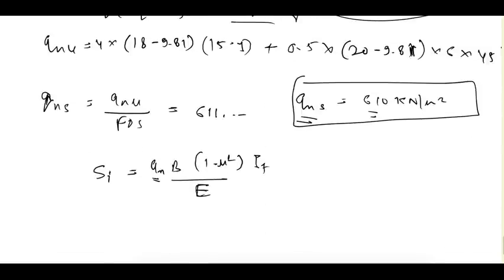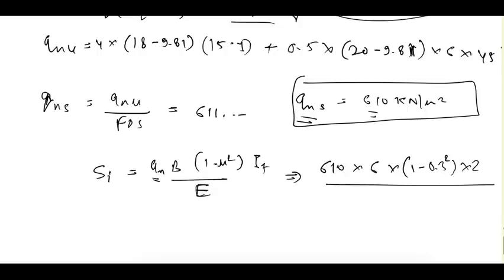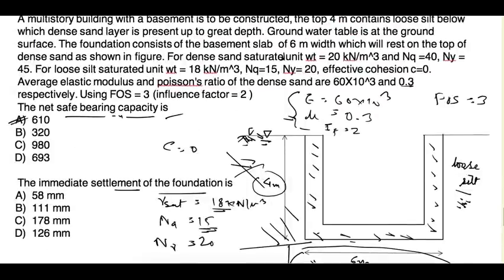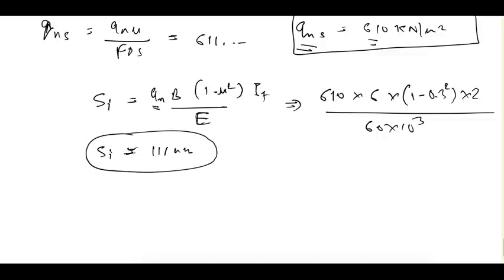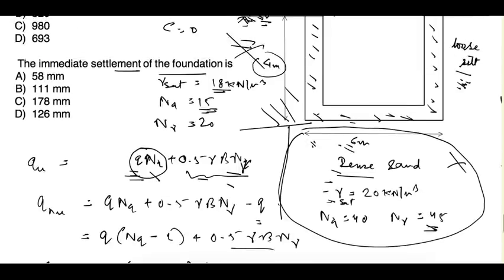All the other values are given, so we can put the values. It is 610 into B, which is 6, into (1 minus 0.3 square), influence factor is 2, divided by the value of E, that is 60 into 10 to the power 3. So from here the immediate settlement is approximately 111 mm. So this is the answer here.